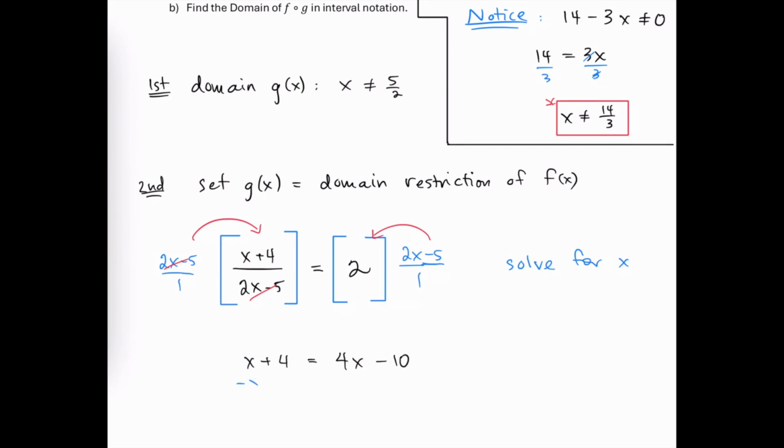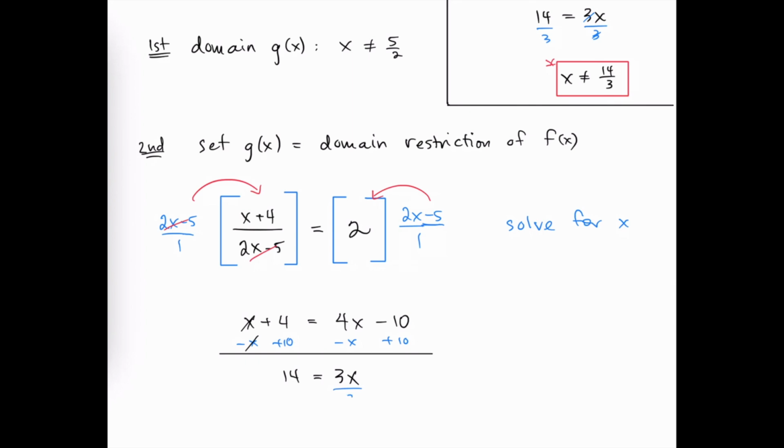To solve for x, let's get our x terms together and our constants together. So on the left-hand side, we have 14. On the right-hand side, we have 3x. And when we divide both sides by 3, what we end up with is x is equal to 14 thirds.